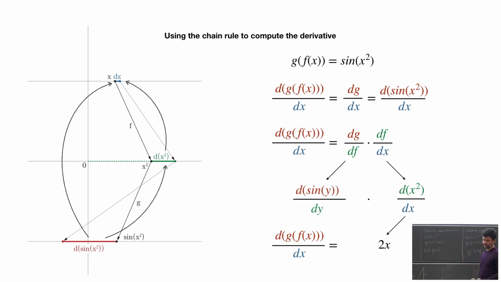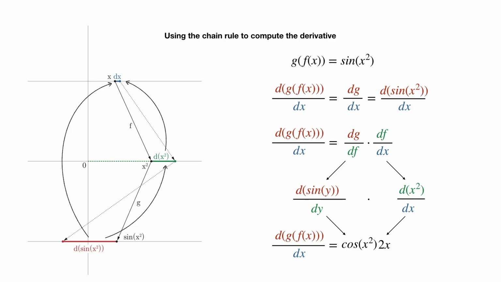If you look at the derivative tables, you will see that the derivative of the sine function is the cosine function. So it's cosine of y times 2x. Since we said that y is equal to x squared, we can replace it, giving cosine of x squared times 2x. And now we have the derivative. The derivative of our chain is cosine of x squared times 2x.